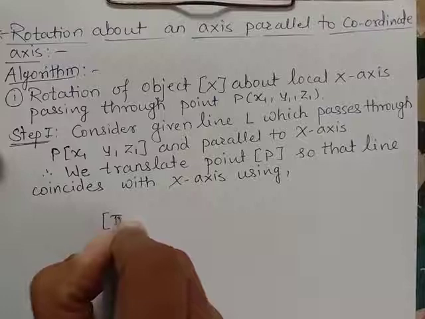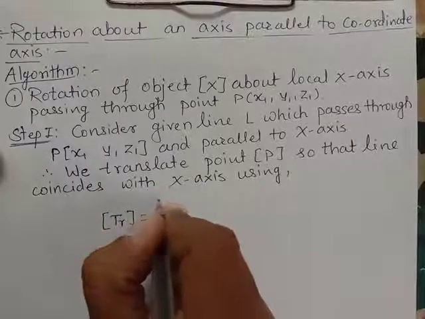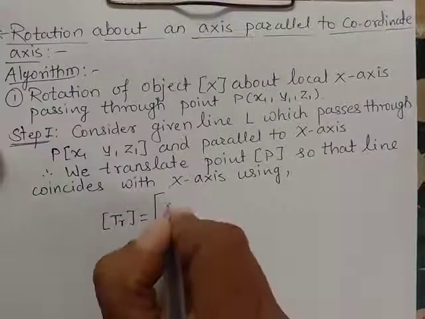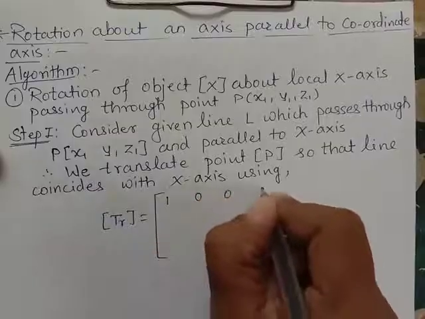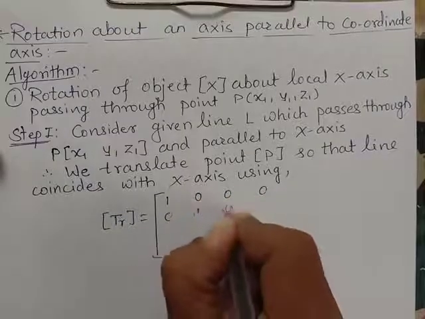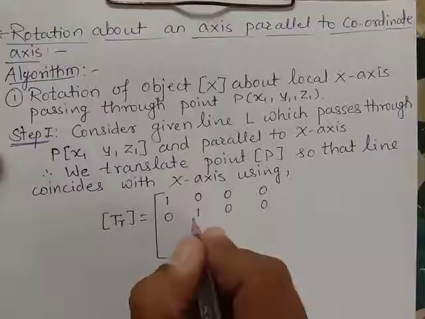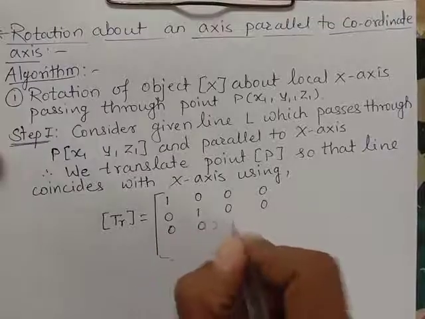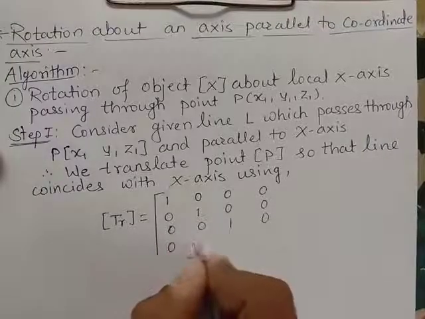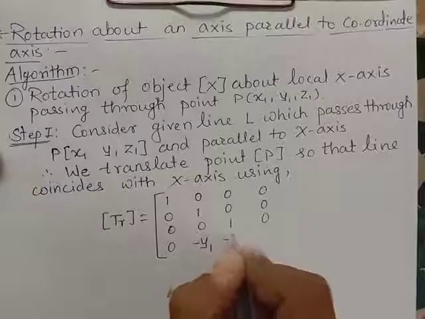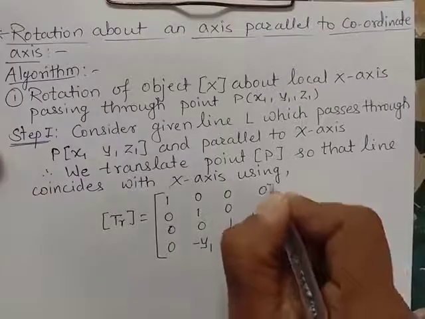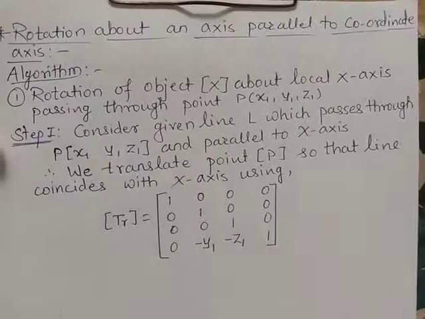What is the matrix of translation? It is 1 0 0 0, 0 1 0 0, 0 0 1 0, 0 minus y1, minus z1 and 1. This is a translation matrix.